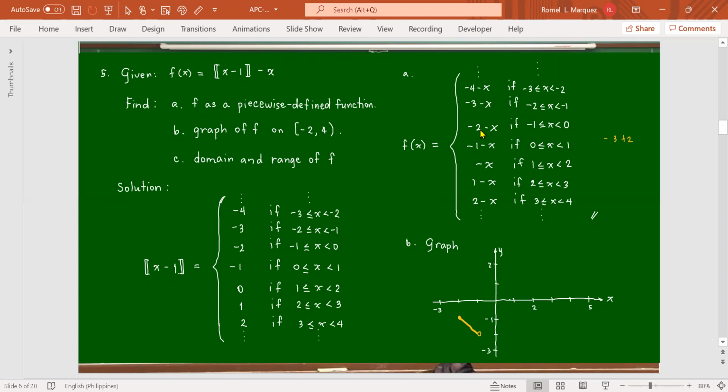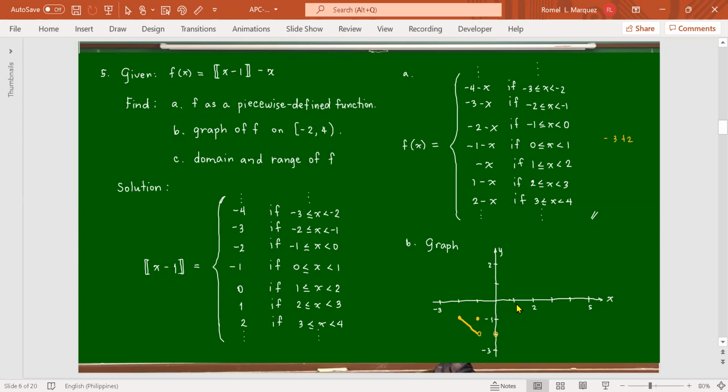When x is negative 1, it is included. It is negative 1. Correct, guys? What about if x is 0? Negative 2, but it is open. I think I got a wrong position. When x is negative 1, solid, somewhere here. And when x is 0, negative 2, open.